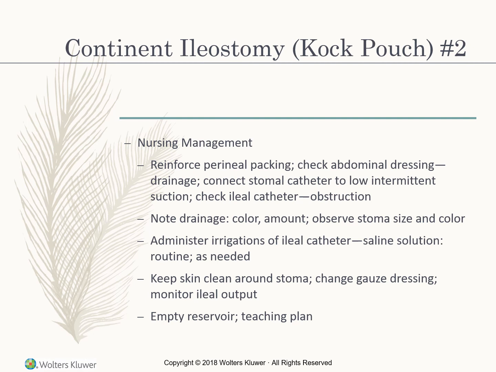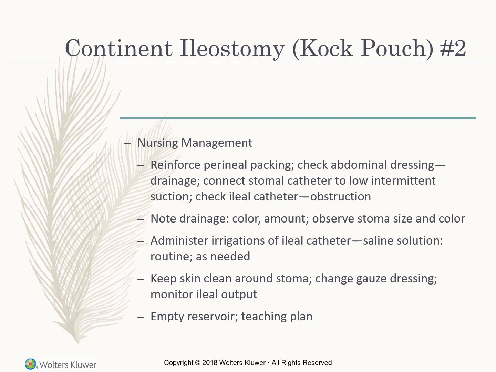Now we're going to talk about the post-op management again of the Koch pouch. We're going to reinforce perianal packing, check the abdominal dressing drainage, connect the stomal catheter to low intermittent suction, and check the ileal catheter for any obstruction. You're going to note the drainage, the color, the amount, and observe the stoma size and color.